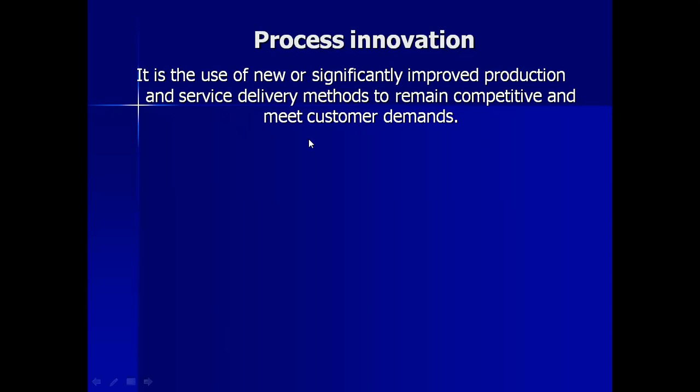That is why it is written, if you make changes in the process where you are able to improve your production process, or you can improve the way you deliver your service to your customers, be it banking services, medical services, insurance services, or transportation services. If there is an improvement in that service, still it will be called process innovation. So it's not only about the process involved in the production of goods.